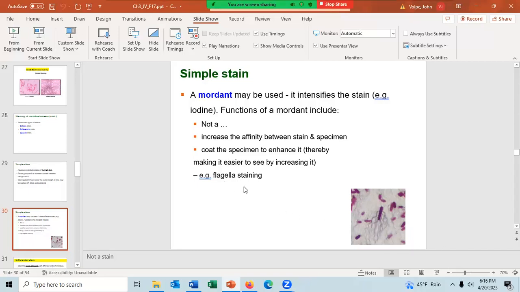Like with a flagella stain, we are just coating the flagella, and then we coat it again and again, and that makes it easier to see. With the Gram stain, the first dye is crystal violet, and then the Gram's iodine binds to the crystal violet, making it a larger molecule, and that makes it stain more intensely. That's the word I was looking for: intensity.